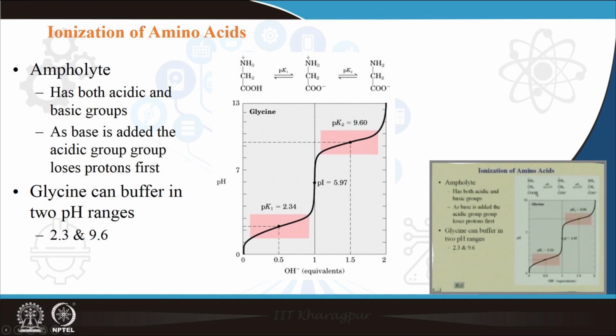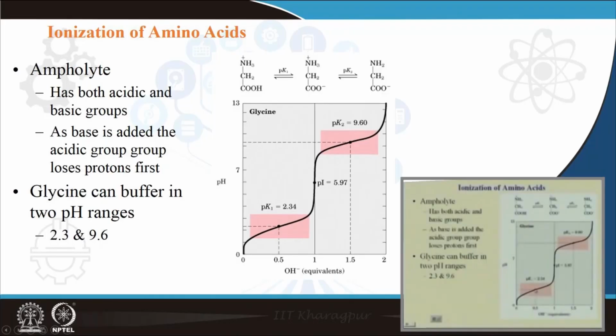Clear? So, as soon as I start, the first drop of OH minus does not bring me to the pKa, but it starts abstracting H plus. So as I keep adding my OH minus, I come to a point where this is equal to this, right?